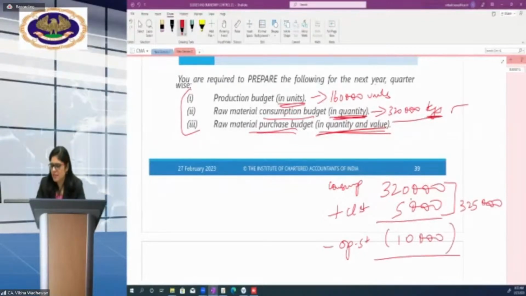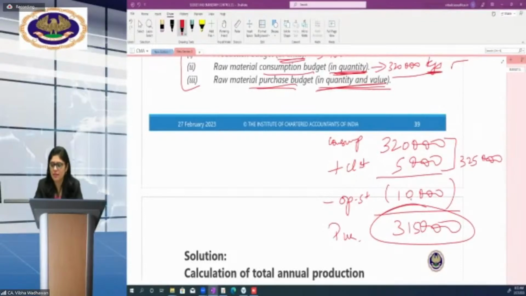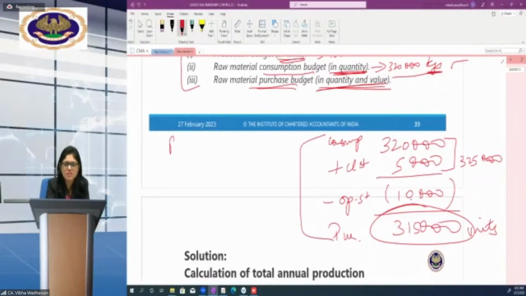So that means how much to be purchased? So we need to purchase 3,15,000, right? So this is the quantity to be purchased, units. 3,15,000 units. I'm again explaining you raw material purchase budget. This is the format of the raw material purchase budget.